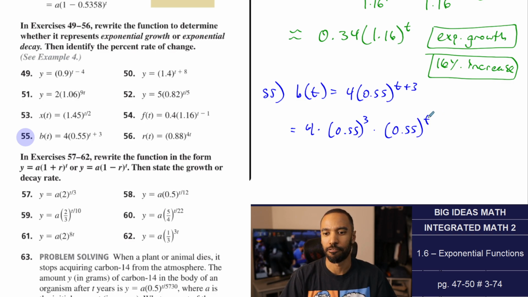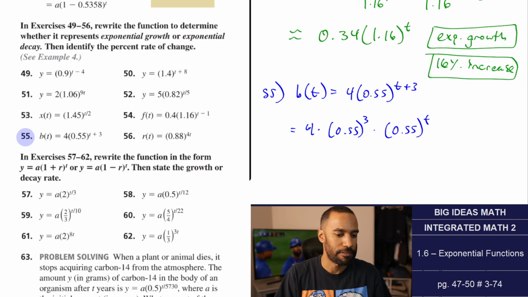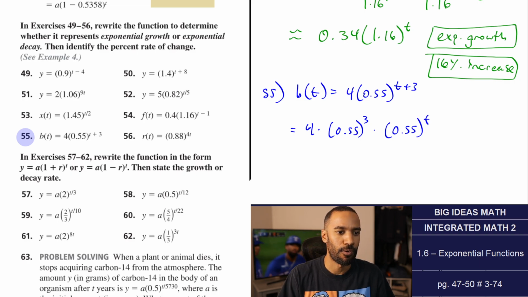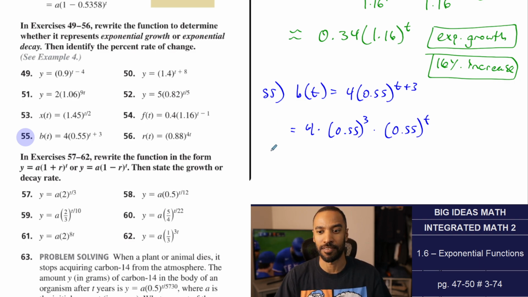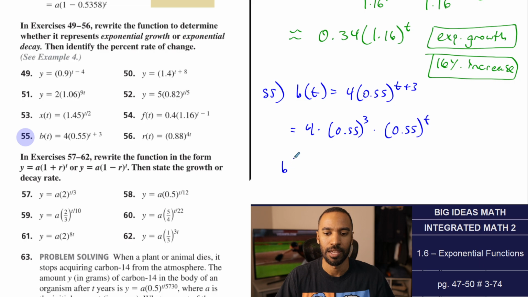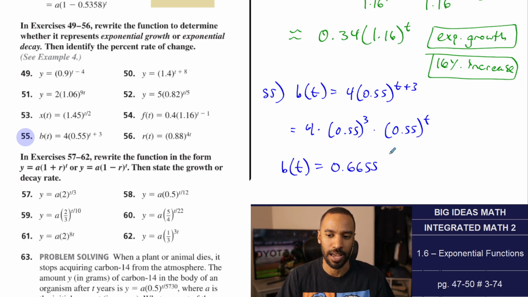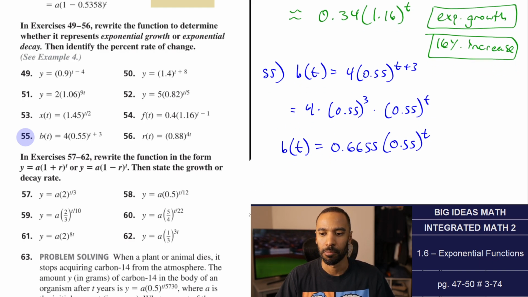So I get to multiply 4 with 0.55 cubed. 4 times 0.55 to the third power for my a, which is 0.6655. And that's actually exact, so I'm going to write that. b of t is exactly 0.6655 times 0.55 to the t power. 0.55 itself didn't change, but this is exponential decay.